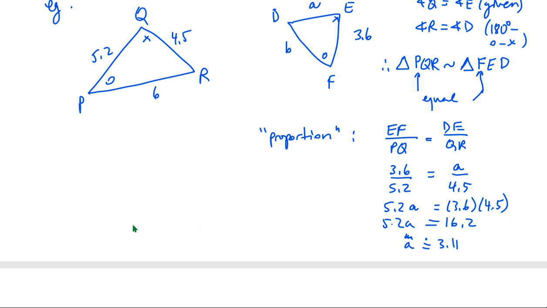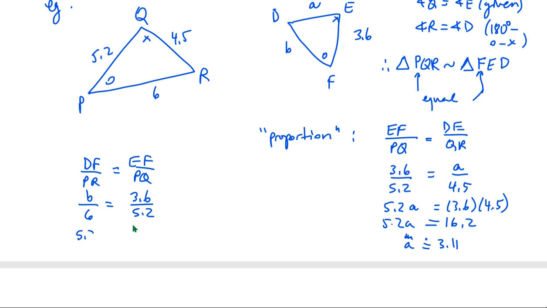All right, and do the same thing for B. For little b, so side DF, I'll go on the side. Side DF on the right-hand side corresponds to side PR on the left-hand side because they're both across from the little x. And so that equals, again, EF over PQ. If I put my letters in, then I get little b over 6 equals 3.6 over 5.2.